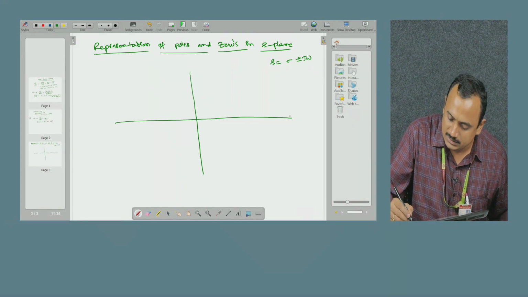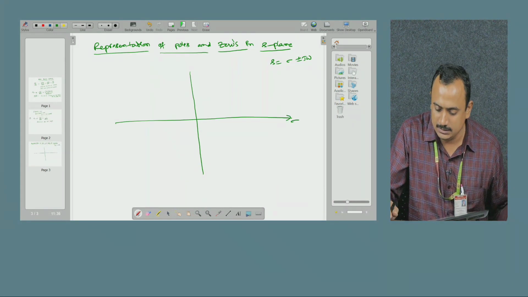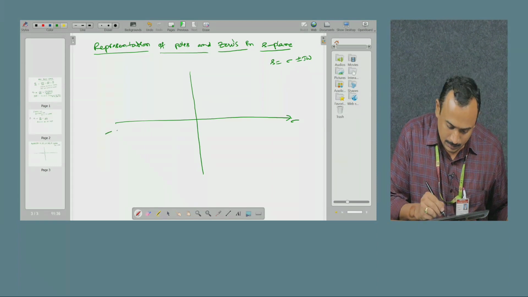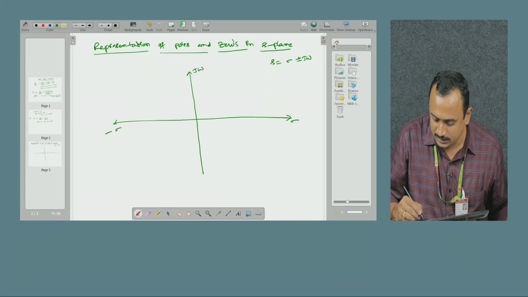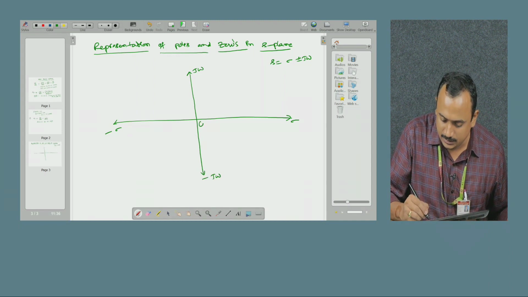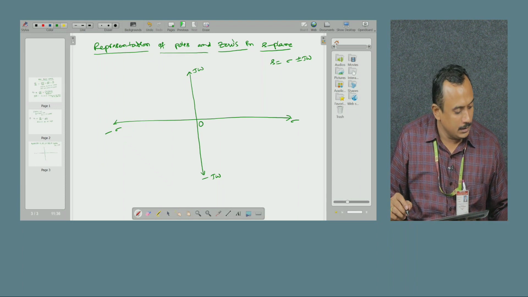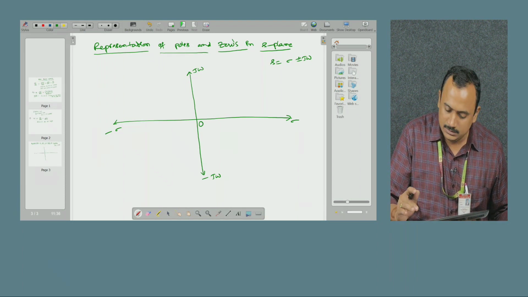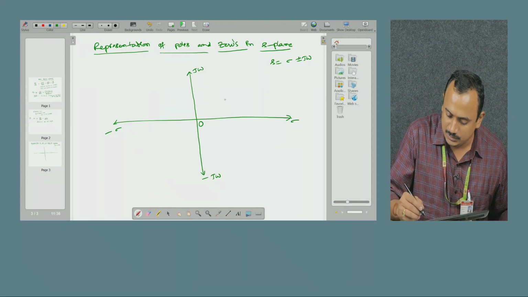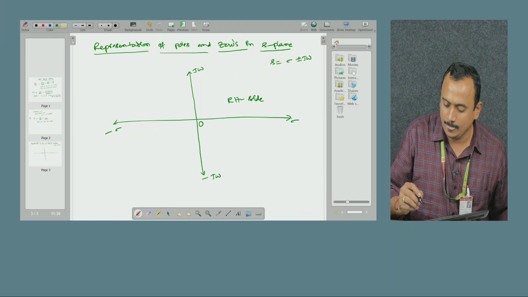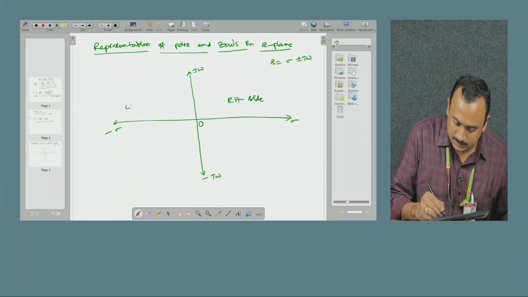What is the meaning? Sigma represents the real axis and j omega represents the imaginary axis, and this is the origin. This is known as the right hand side of the S plane, so this part is the RH side and this part is the left hand side.